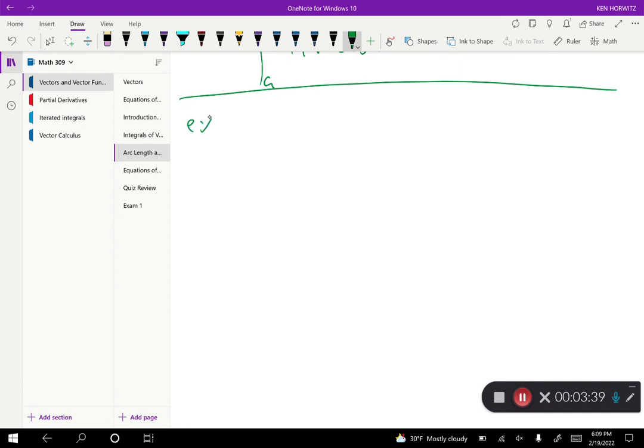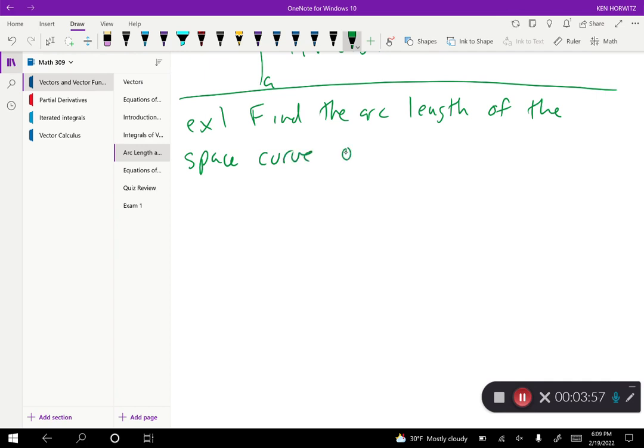So, example 1. Find the arc length of the space curve over the given interval.